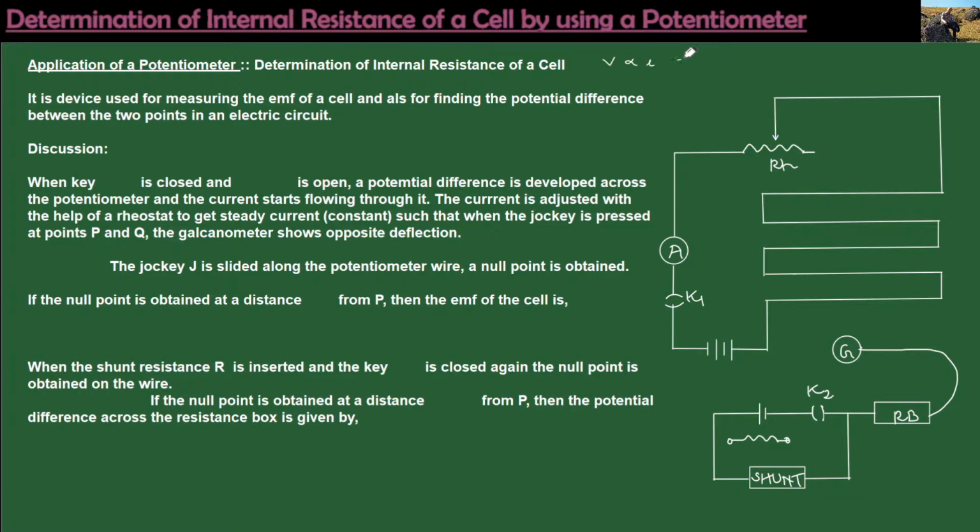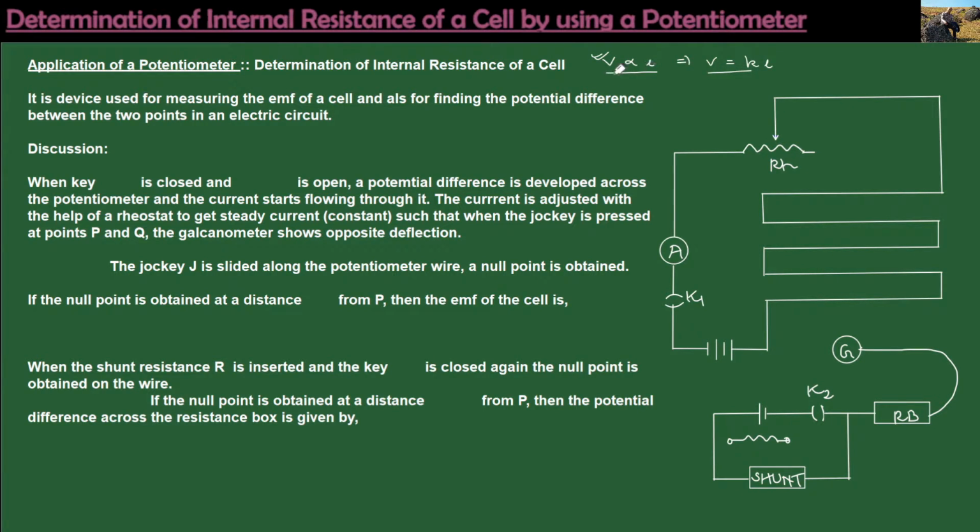We have done this, and over here we also have learned about the potential gradient, in which it is given by V equals KL, where this K is our potential gradient. So this is the working principle of a potentiometer wire.